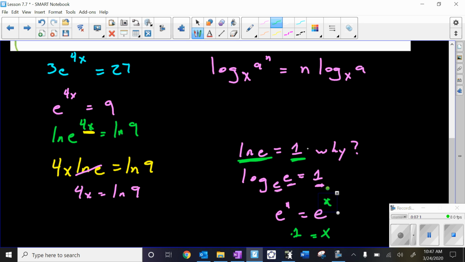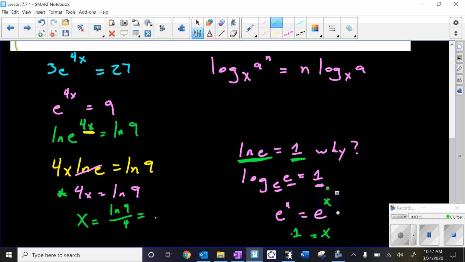Last step over here. Now I'm returning back to our original problem. I want to solve for x. To solve for x, we're going to divide both sides by 4. x equals the natural log of 9 divided by 4, which is something that you can plug into your calculator. They wanted to the 10,000th place, which is 4 decimals.